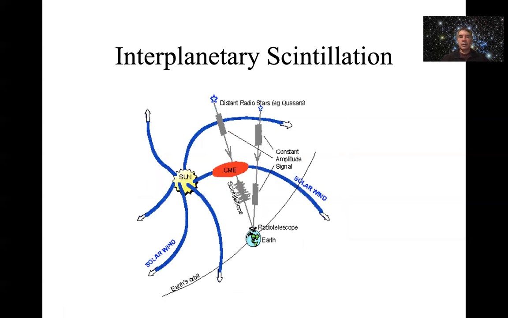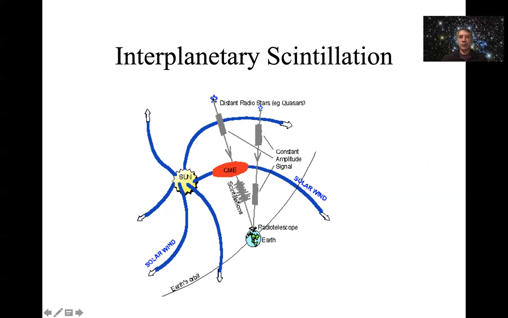So I just finally want to mention another way in which radio astronomy is used to study phenomena from the sun, and this is the phenomenon called interplanetary scintillation. Here, we don't look at the sun or the plasma emitting directly at all.